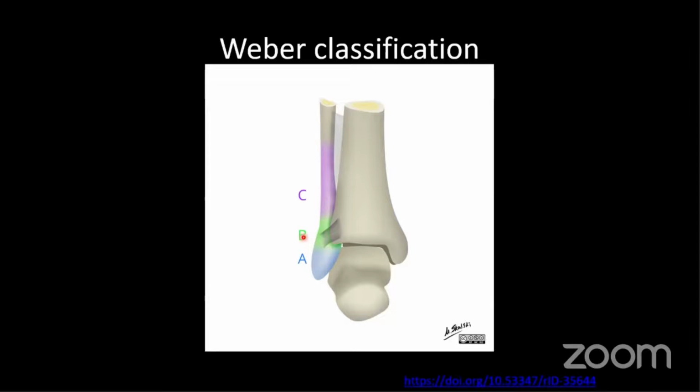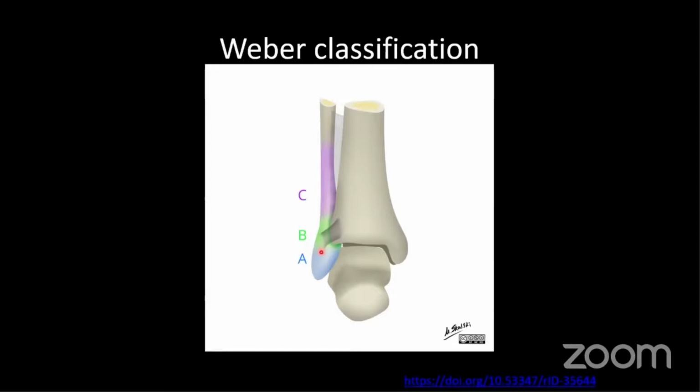Certain types can be managed conservatively, and certain types are unstable and need surgery. Broadly speaking, it's all about the location of the fracture relative to the syndesmosis, which is this fibrous structure that connects the distal tibia to the distal fibula.